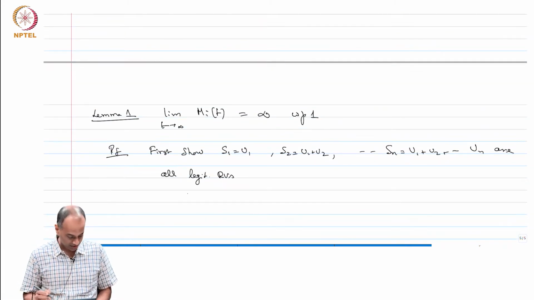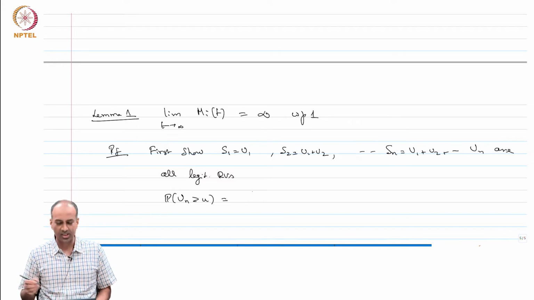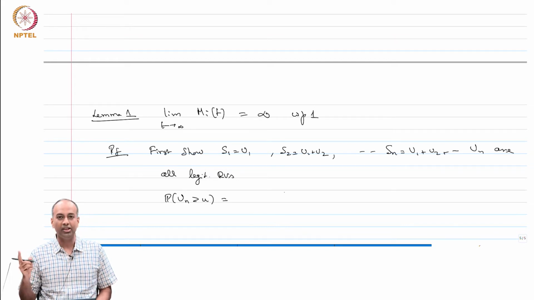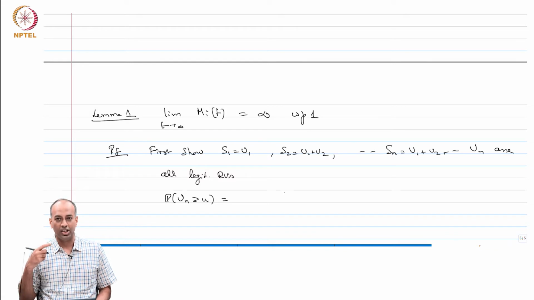So, for example, to show that, if you look at the probability that some Un is greater than u, this is simply, what is the probability that Un is greater than u. Un will be an exponential with parameter some nu k.